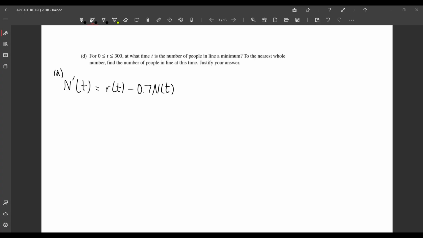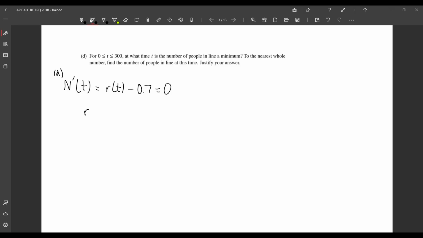No. I think it's just minus 0.7, because this is already a rate. I would have to multiply it by time for that to make sense. So this is the change. And when this is equal to 0 is when you're going to have an extreme value.